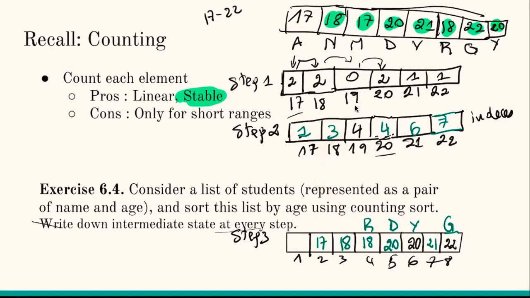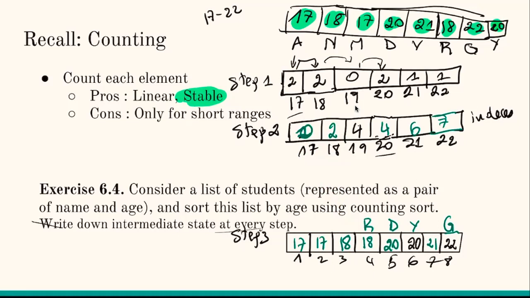So I have 18 here, and I decrease here to 2. And finally, the last value is 17. The index array tells us that 17 should go at the index 1. Okay, so I copy 17 here, and I decrease this one to 0. And I have my sequence sorted.